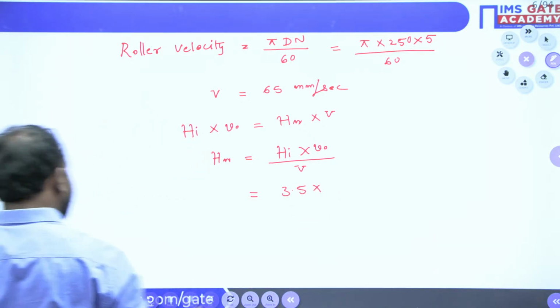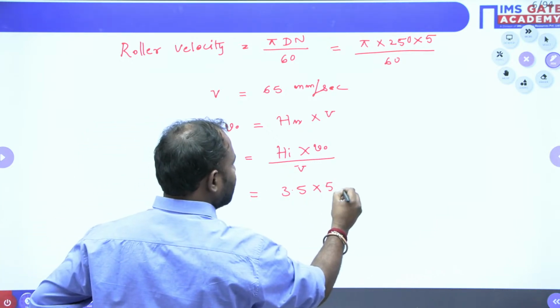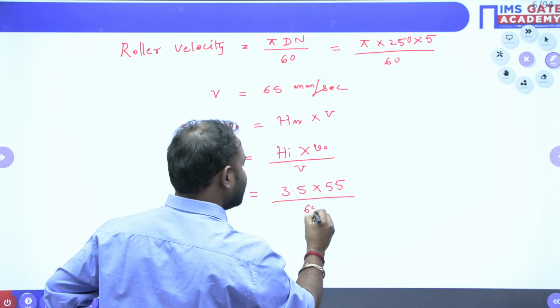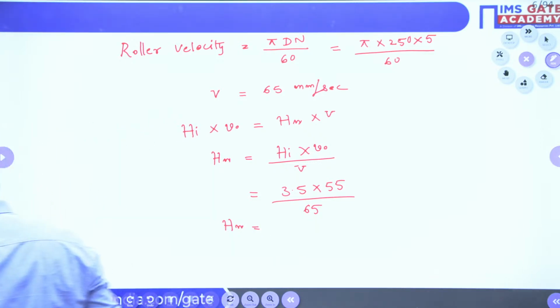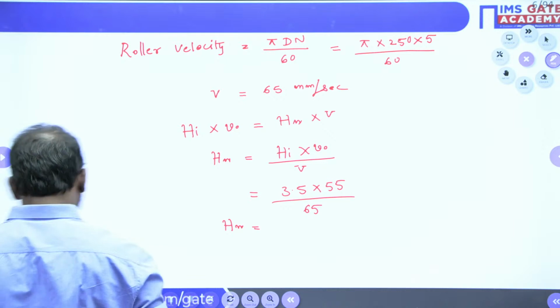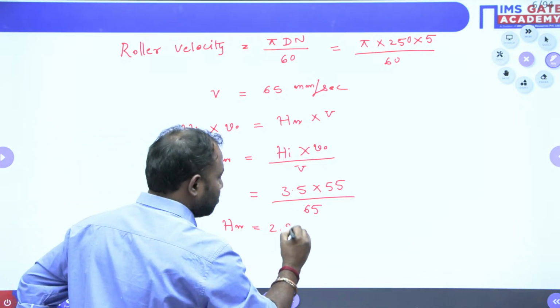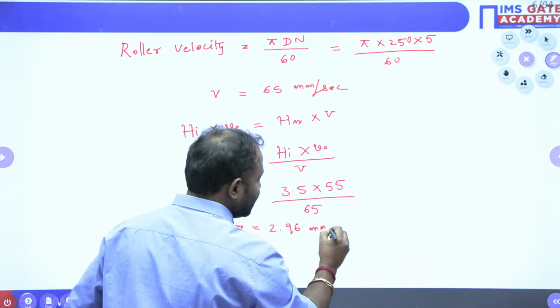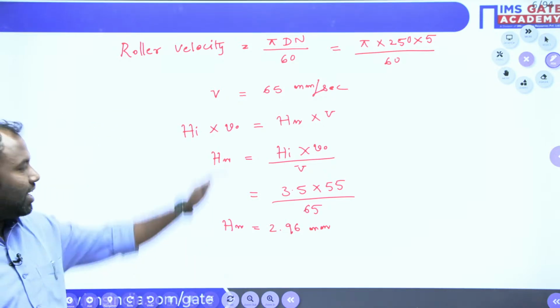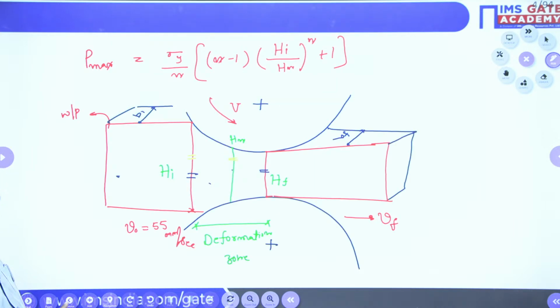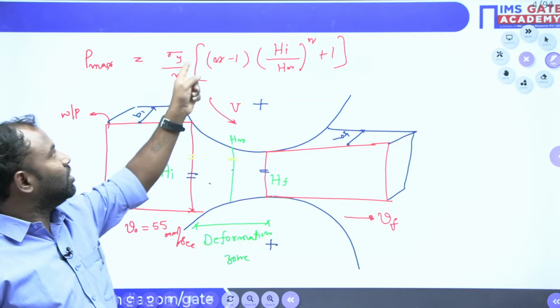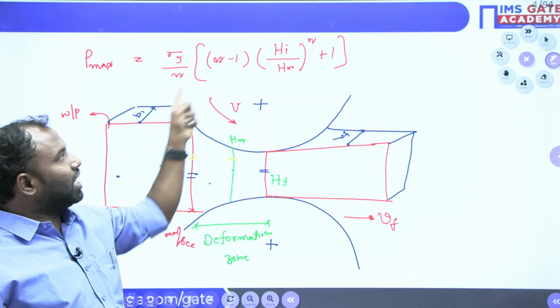V naught is 55 and this is 65, such that I am going to get my Hn value, 2.96 mm you will get. All right, guys. So, like that we can calculate your Hn. Once you know the Hn value, if I substitute my Hn value here, I have to calculate n.